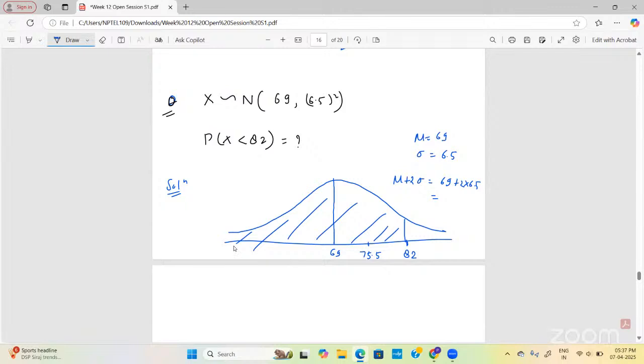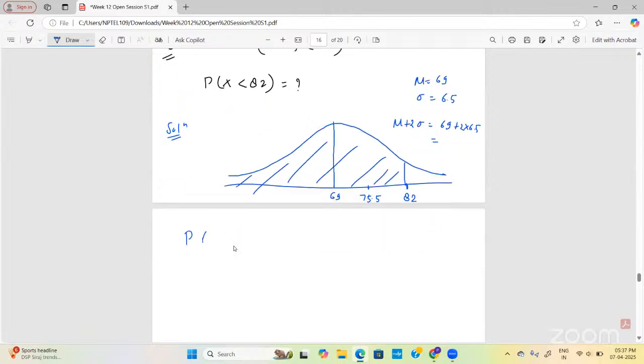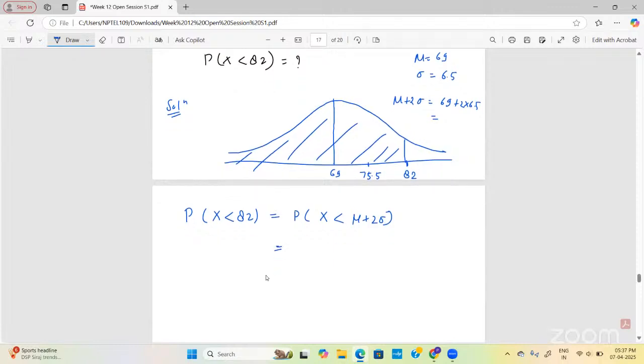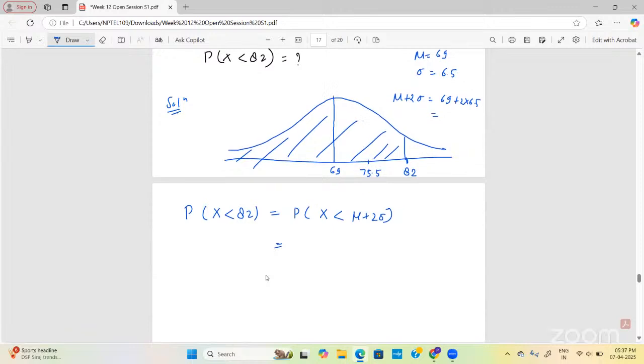So what exactly do we have to find here? We can write for this particular question that x is less than 82, which means we have to find the probability that x is less than mu plus 2 sigma, right? There can be different ways to solve this question. We can subtract this red region from the entire region. Okay, the entire we take as 1.